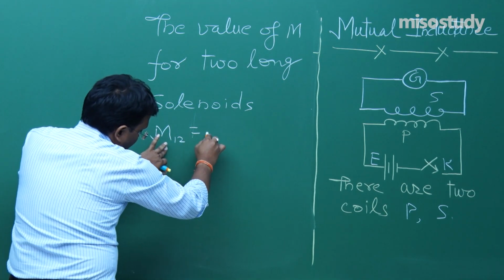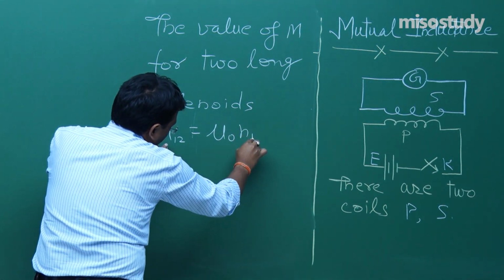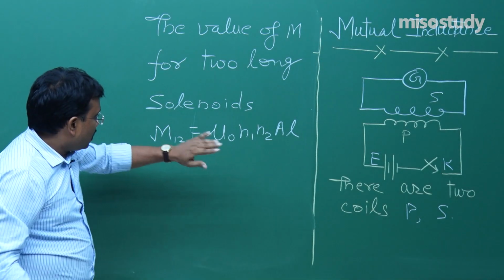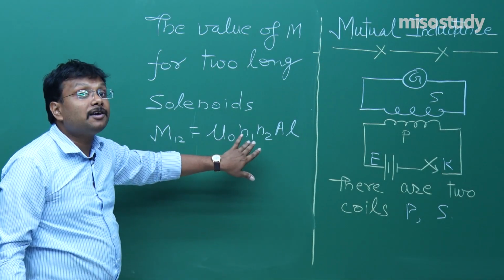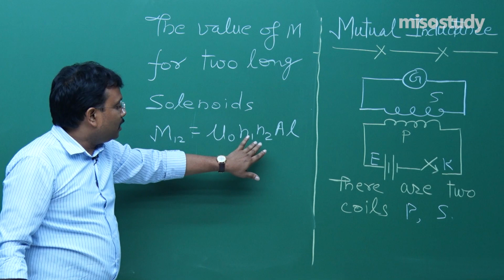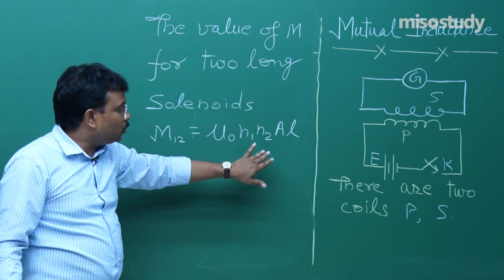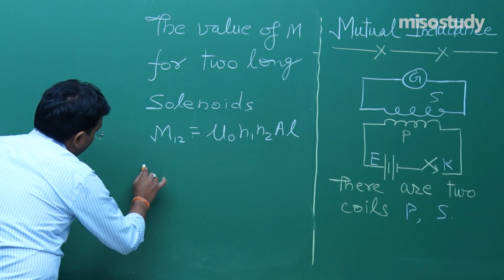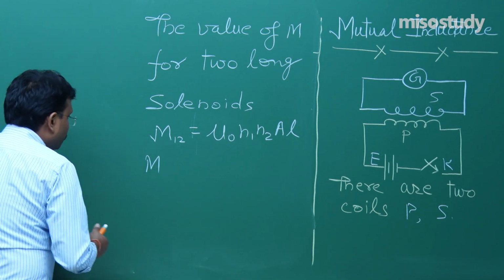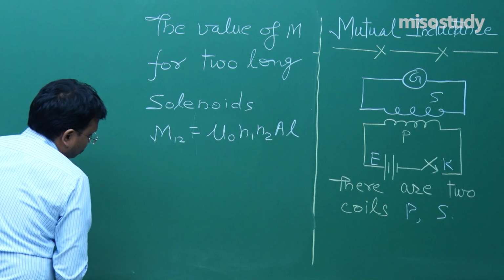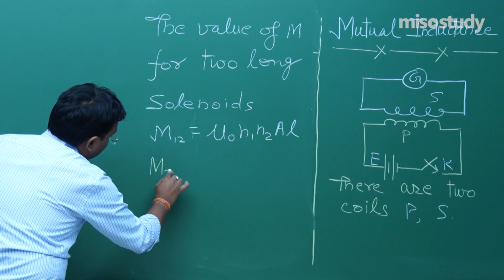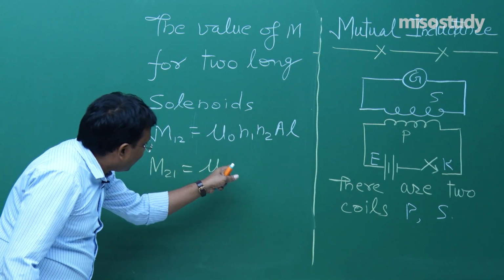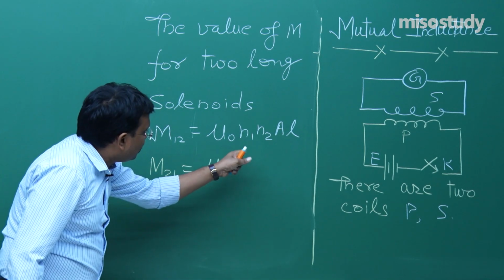It is given by mu naught N1 N2 AL, where N1 is number of turns in coil number 1, N2 number of turns in coil number 2, A is area, L is length. Similarly, M21 is mu naught N2 N1 AL.